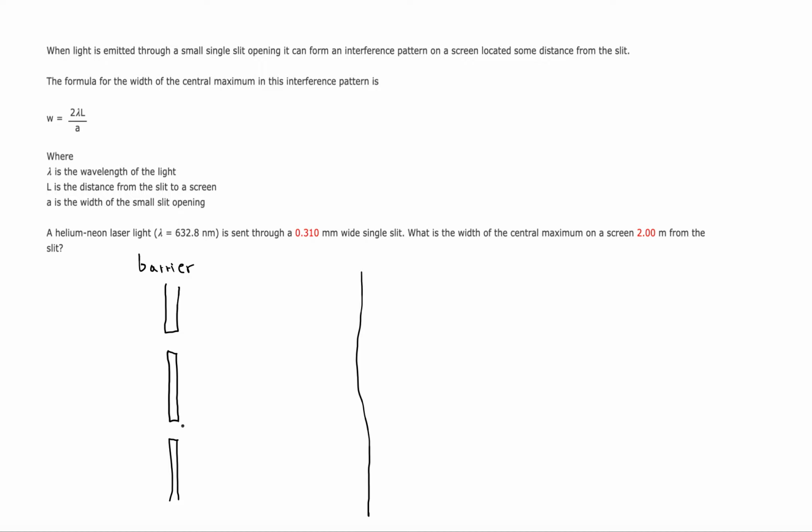And we said that if the conditions were right, if you send in light waves toward the barrier, then we could get a maximum or a minimum of brightness on the screen depending on where we look at the screen.